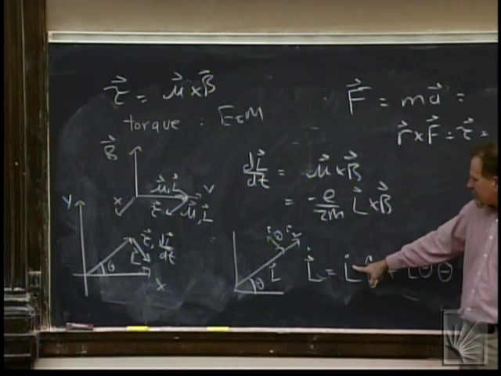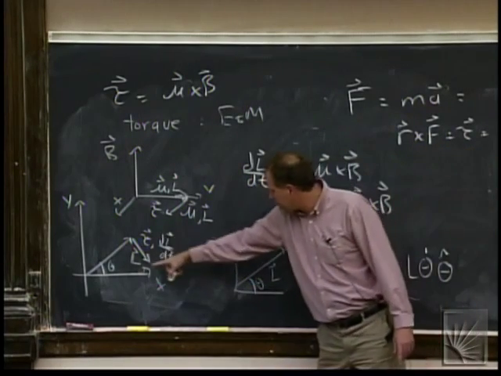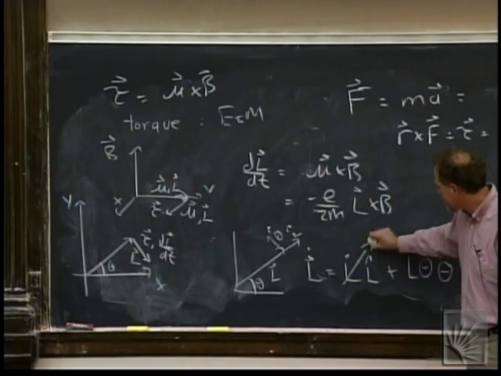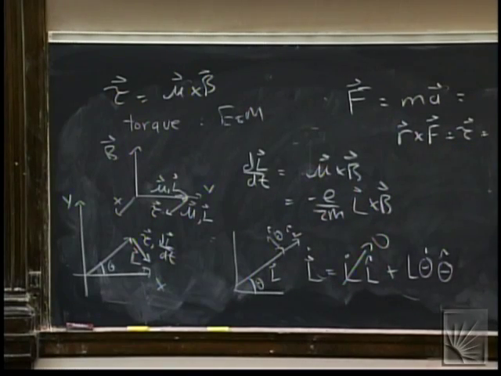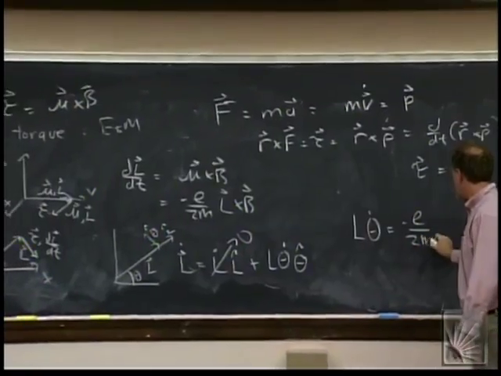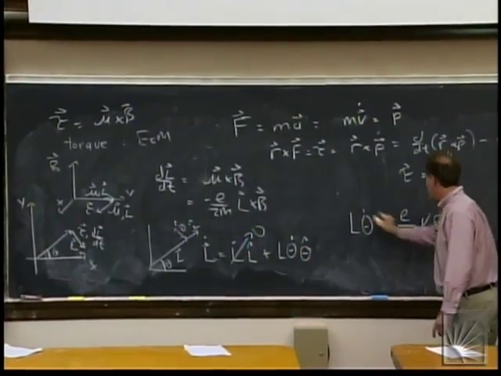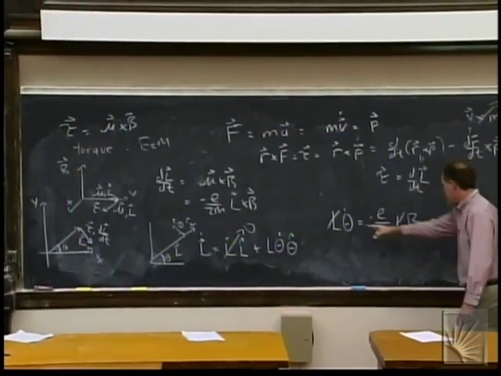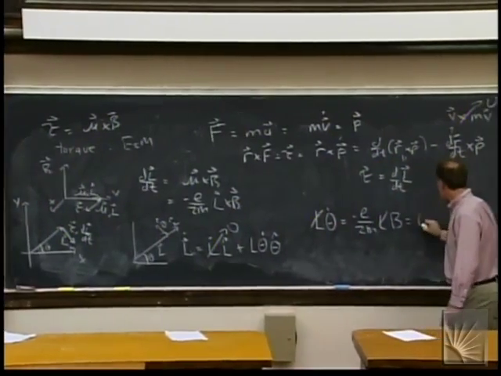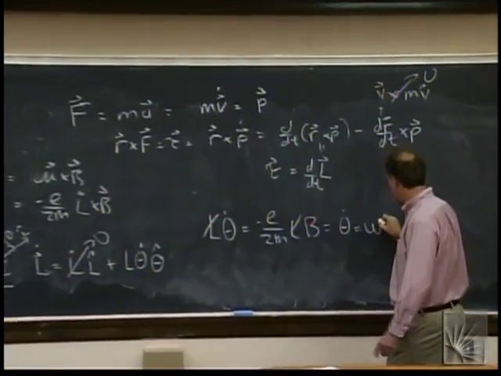I've said that this magnitude's not going to change, because if I think about this a second, since it's perpendicular to L, it's not going to change the magnitude, okay? So finally, L theta dot is just minus e over 2m L B. L cancels out, and theta dot is indeed just, so this is theta dot, that's just omega, right?